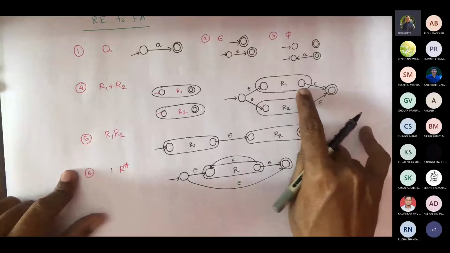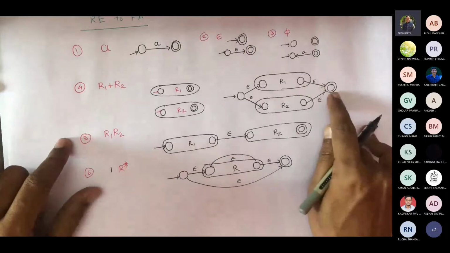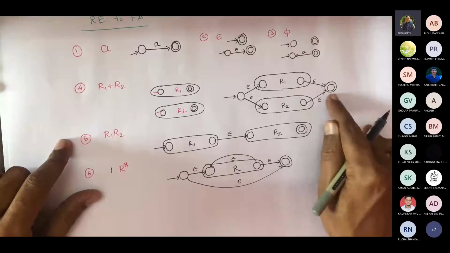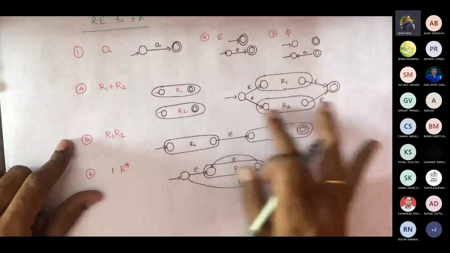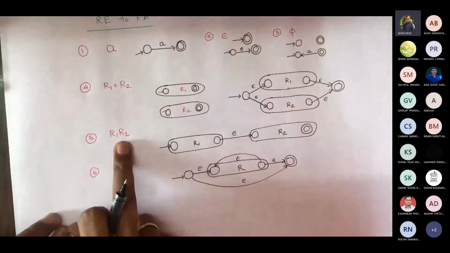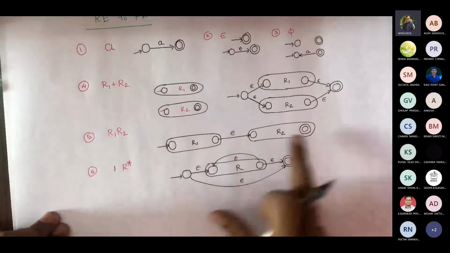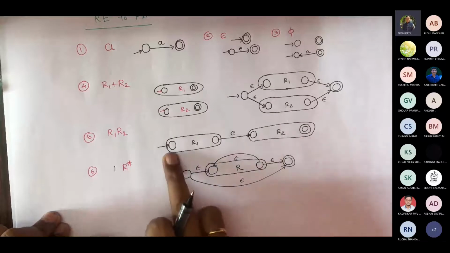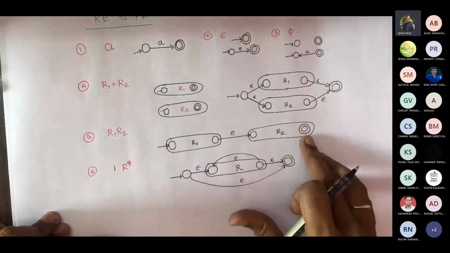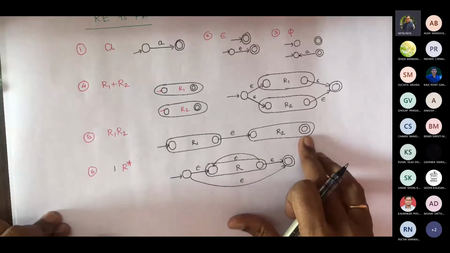Similarly, from final state of R1 to new final state with epsilon, from final state of R2 to new final state with epsilon. So this would be your R1 plus R2. For R1 R2 concatenation, this would be R1, this would be R2. Only say that initial of R1 would be treated as new initial state of R1 R2. Final of R2 would be treated as new final of R1 R2.